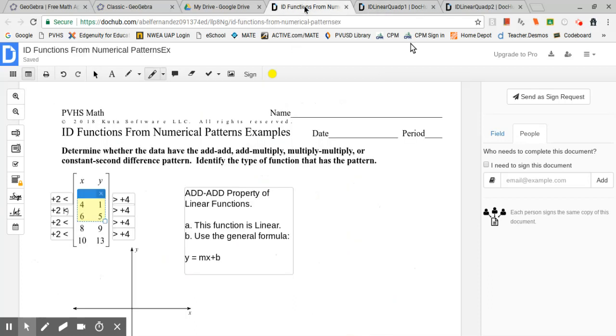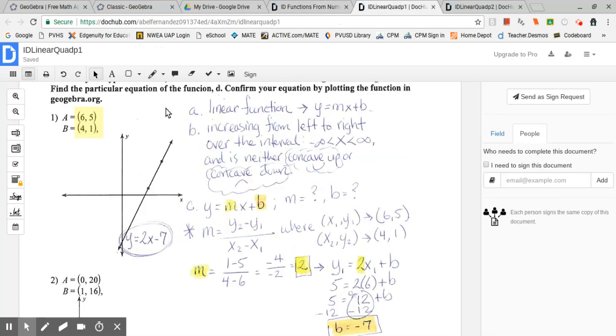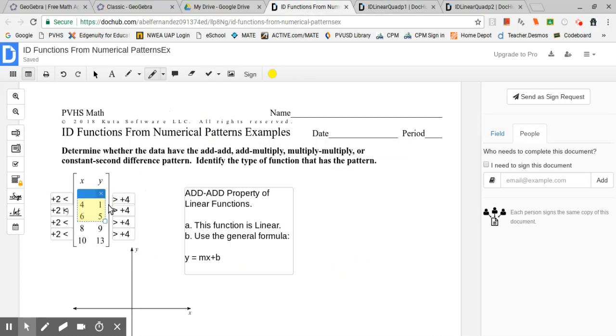Here, because we see that it's linear. However, here it's not immediately clear that it's linear unless we notice the numerical pattern called the add property of linear functions.